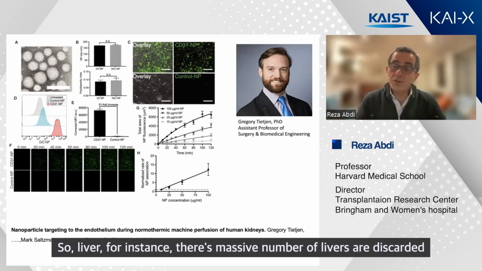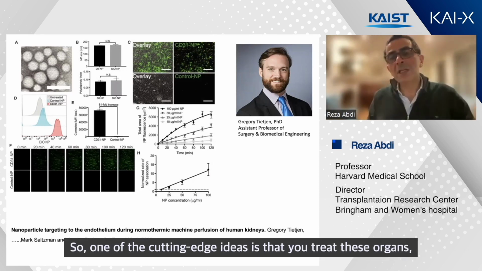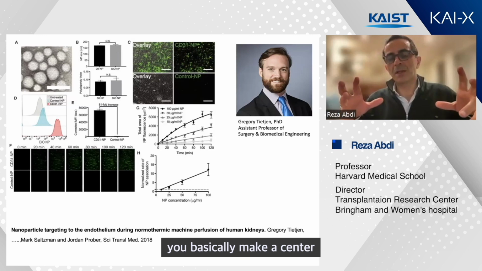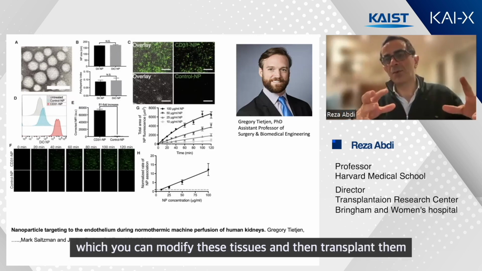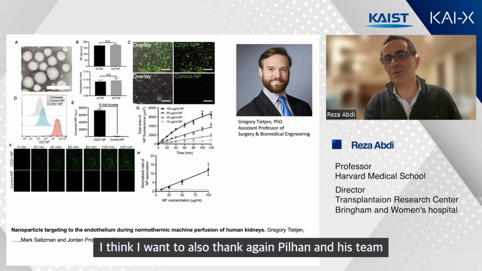For the liver, for instance, a massive number of livers are discarded because they're not metabolically good. So one of the cutting edge ideas is that you treat these organs. You basically make a center where you can modify these tissues and then transplant them. You follow what I'm saying? So this is a very interesting concept.